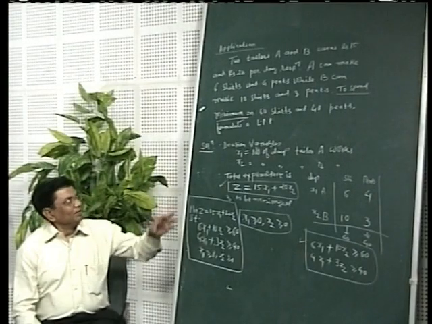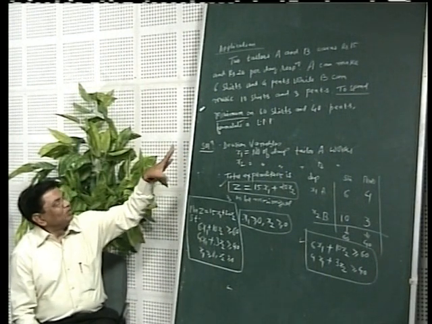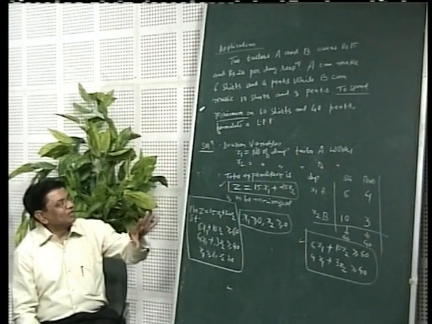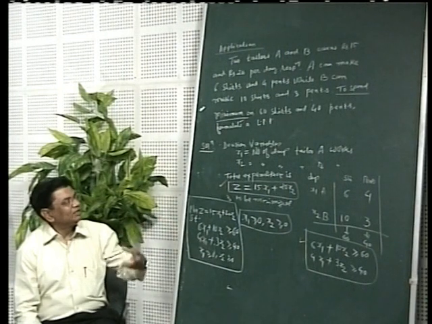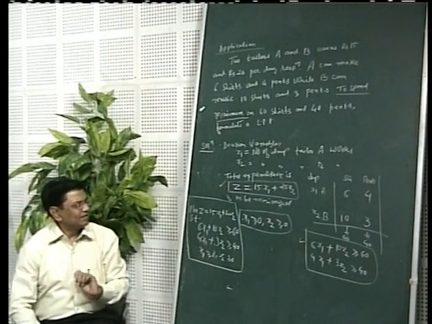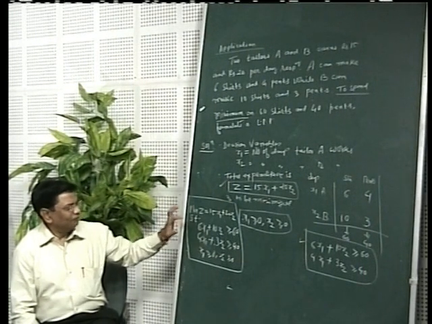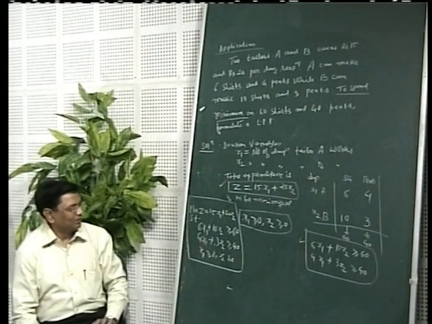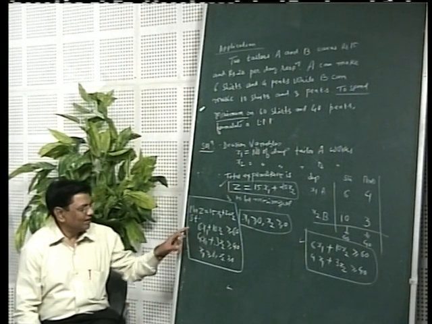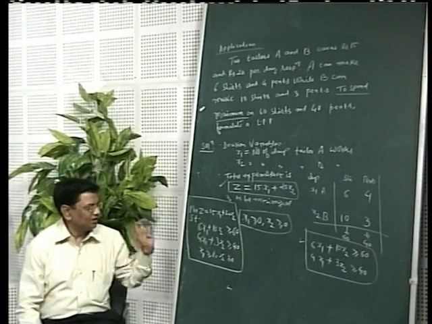So the question is, first thing, what is the solution? Our aim is to find values of the decision variables x1, x2, xn, but what is the solution? The perfect answer is this: a solution is the set of values of decision variables which satisfies the restrictions only.